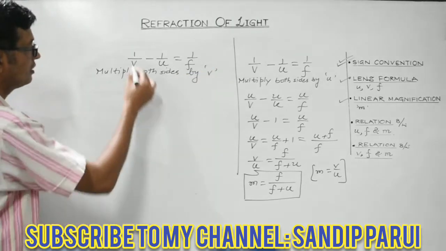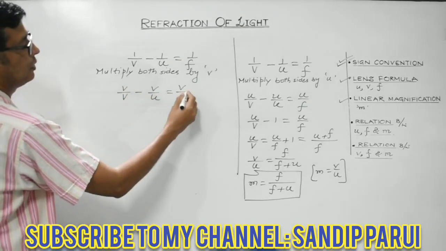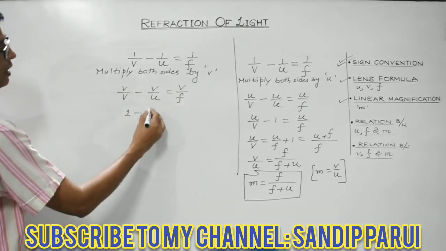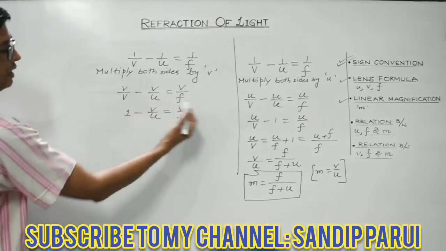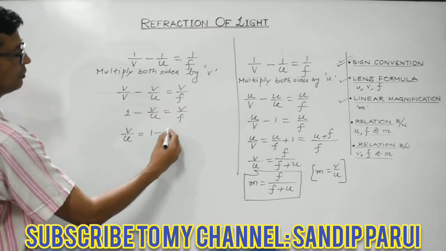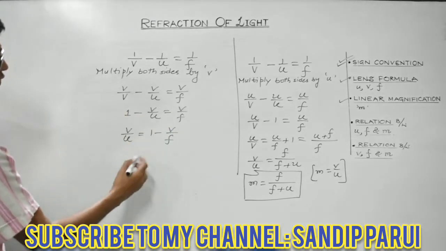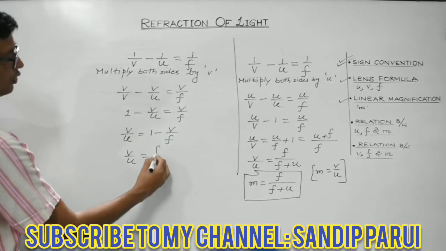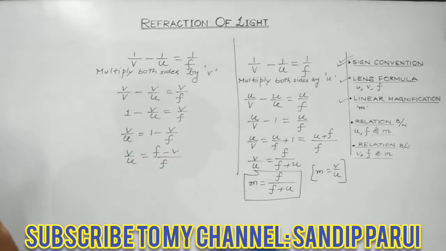So what you get is v by v minus v by u is equal to v by f. So 1 minus v by u is equal to v by f. So interchanging the terms, what we get, v by u will be equal to 1 minus v by f, isn't it? So what you get is v by u is equal to f minus v divided by f, taking LCM and substituting the value.